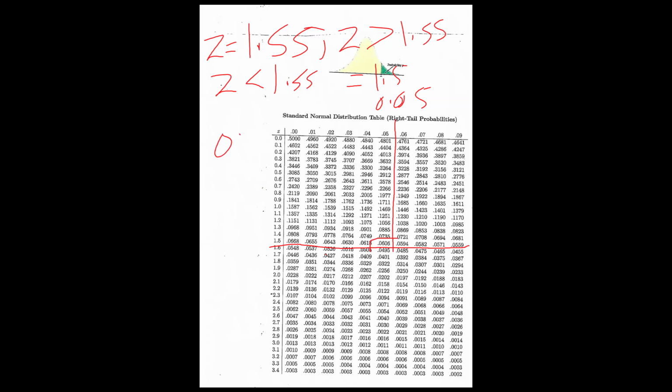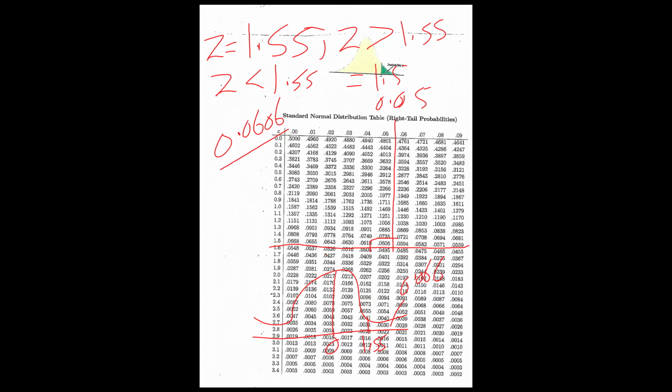This is 0.0606. Correct? So this area is said to be after the Z-score, and our Z-score is 1.55.